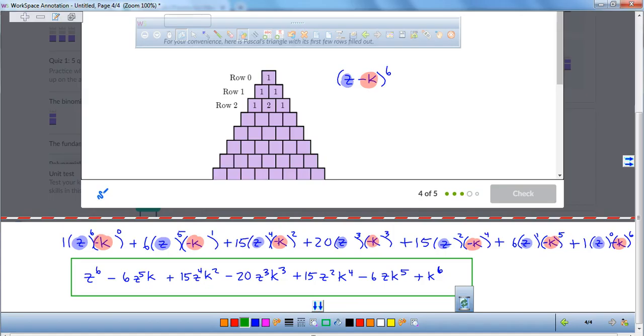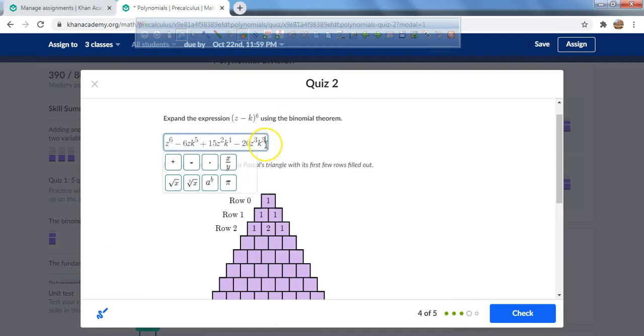All right, I think we're doing so far so good. Plus, see, it kind of goes back and forth. It goes plus then minus and plus then minus. Okay, plus 15 z.